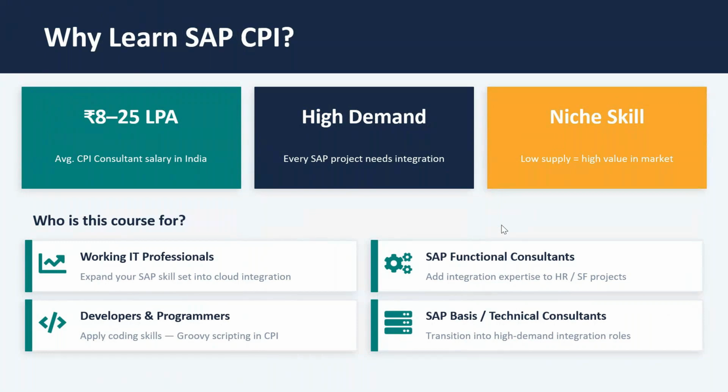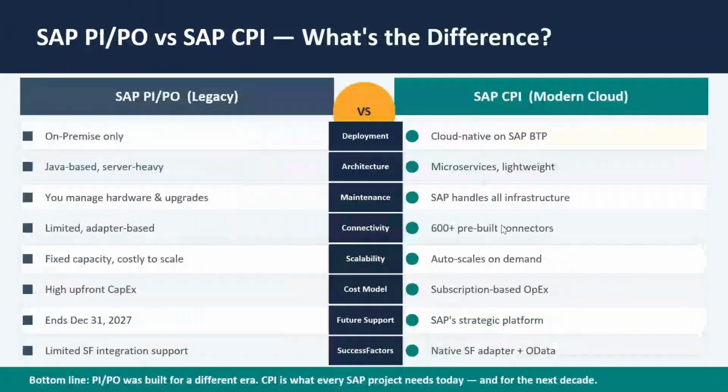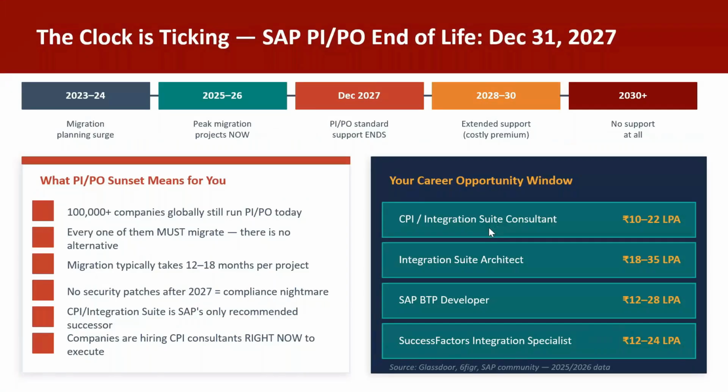There is an increasing demand in the last 2 years. We are observing a demand for the last 2 years. Why? There is a solid reason for that. PIPO, like I said, the PIPO is the previous solution of CPI, and SAP announced the end of its support by December 31st, 2027.